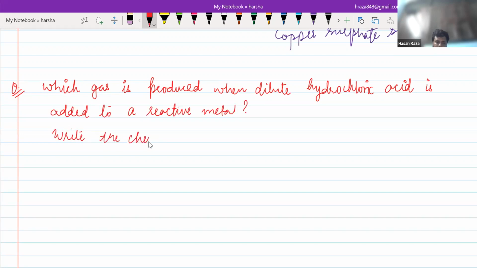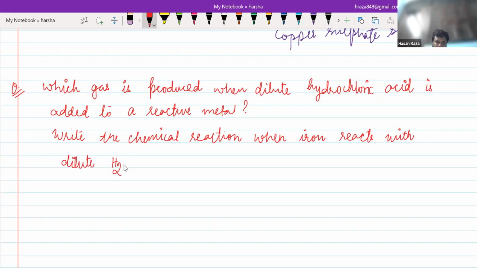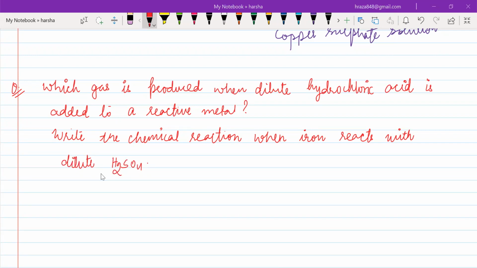Write the chemical reaction when iron reacts with dilute H2SO4. Please do this. H2SO4 is sulfuric acid.